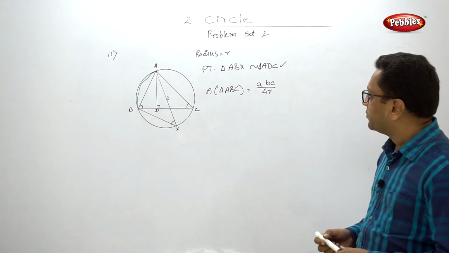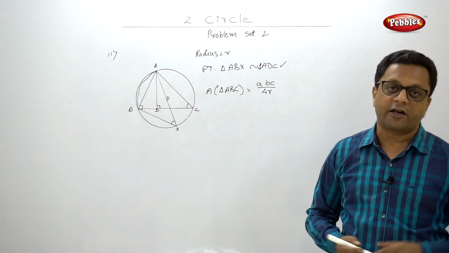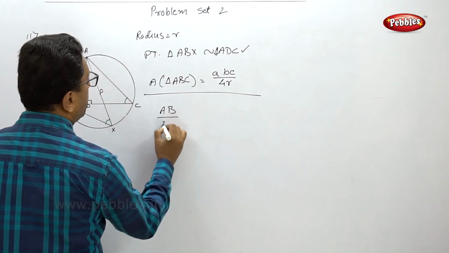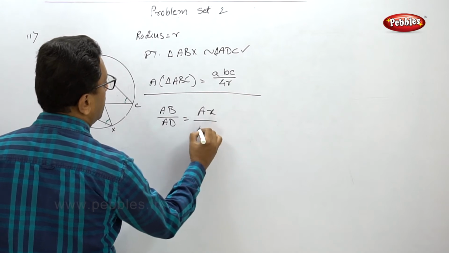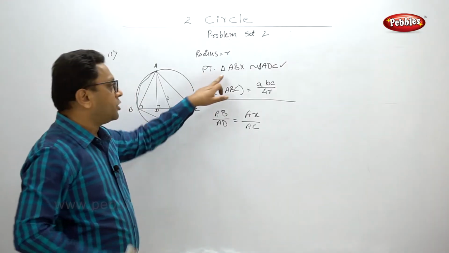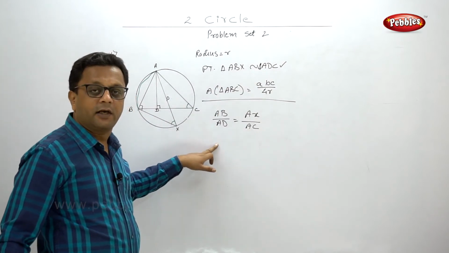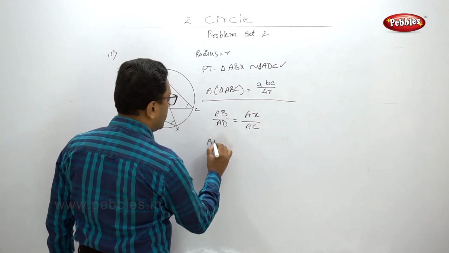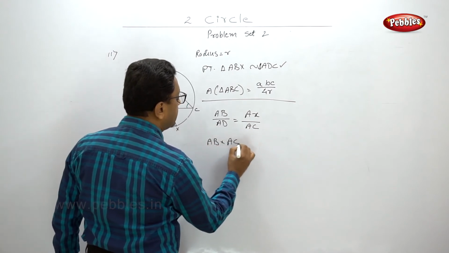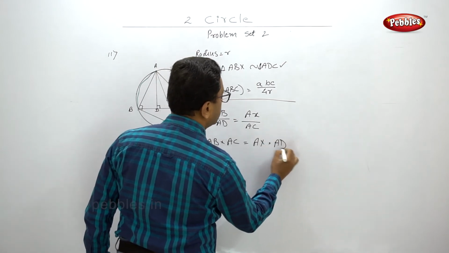Now let us go ahead. If triangles ABX and ADC are similar, let us take the ratio AB upon AD is equal to AX upon AC. Since these two triangles are similar, I have taken the corresponding sides in a ratio, and hence transferring, AB into AC is equal to AX into AD.